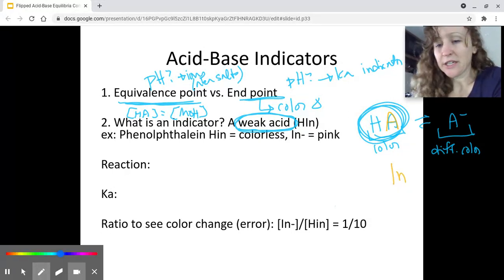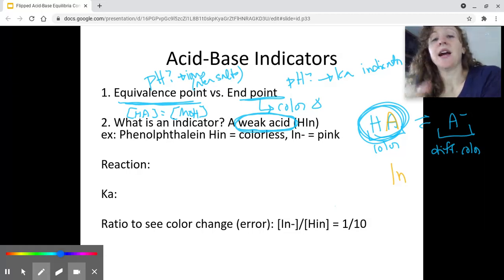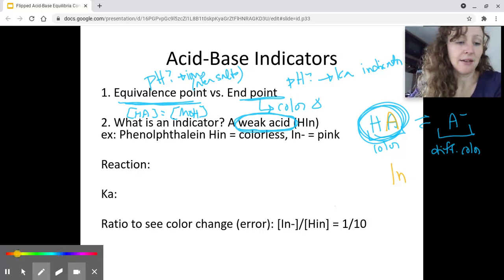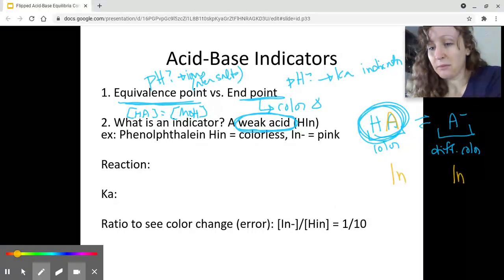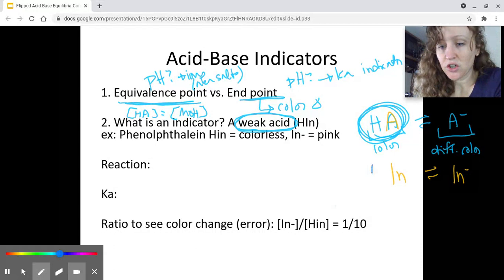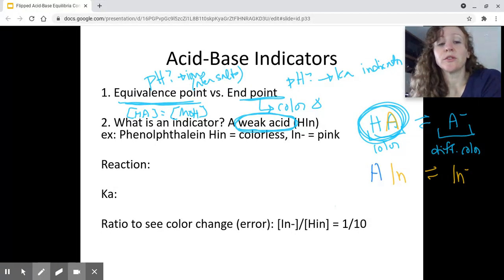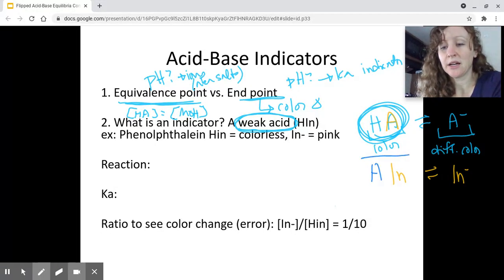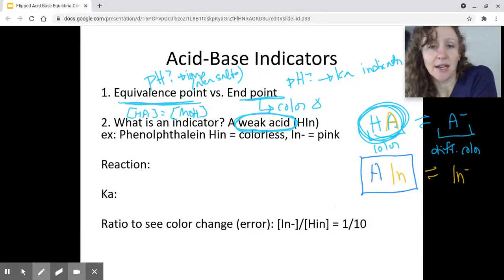So In for indicator, right? So our anion in this case is going to be represented by In or In minus, right? And then we're still going to have that H attached. So when I write a general format for an indicator, it's going to look like this: HIn.